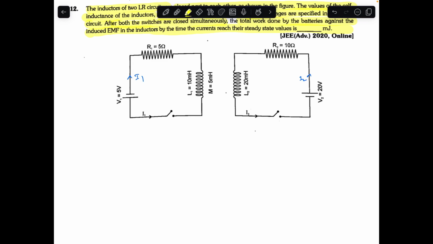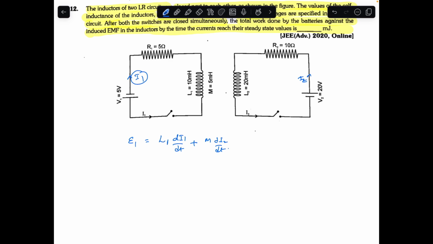So suppose I consider current in circuit 1 is I1 and current in circuit 2 is I2. What is E1? E1 is L1 dI1 by dt plus, due to mutual inductance, M dI2 by dt.